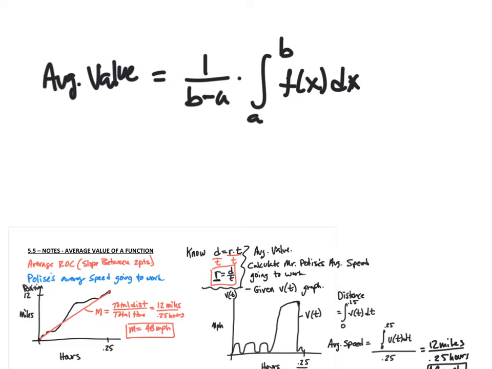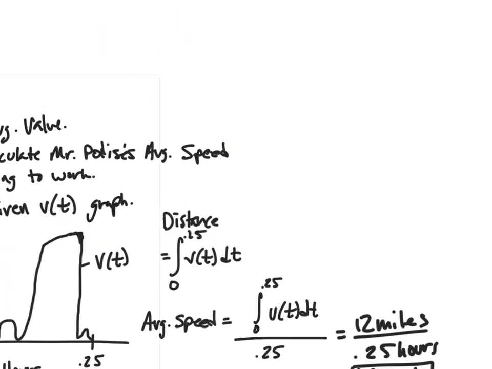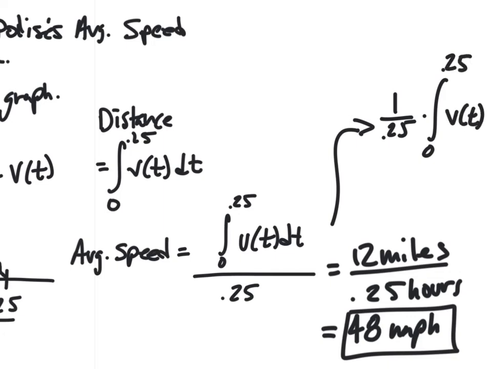And that's kind of what I've done up here. Instead of dividing by 0.25, I could rewrite this whole thing as 1 over 0.25 times the integral from 0 to 0.25 of v of t dt.